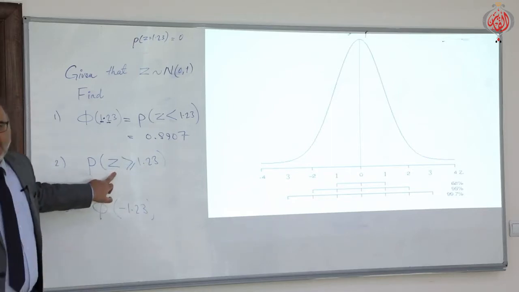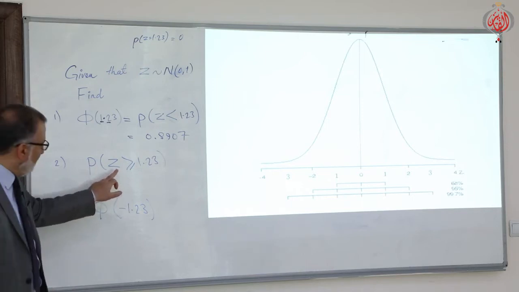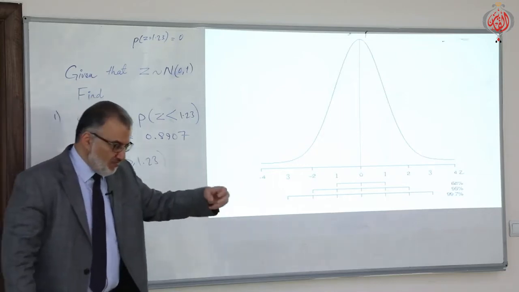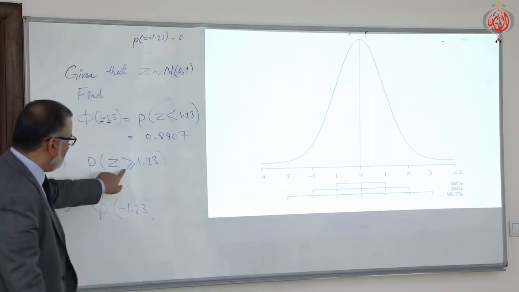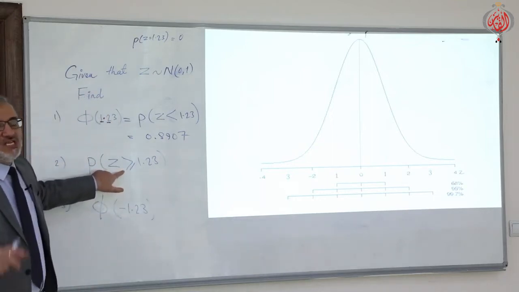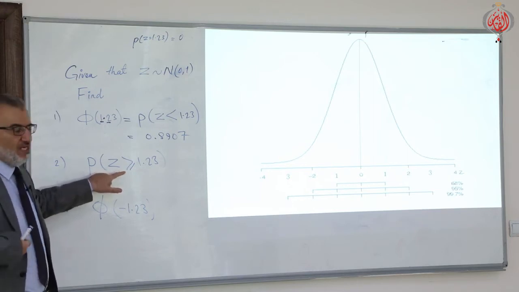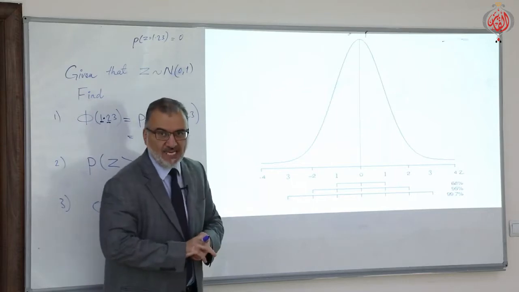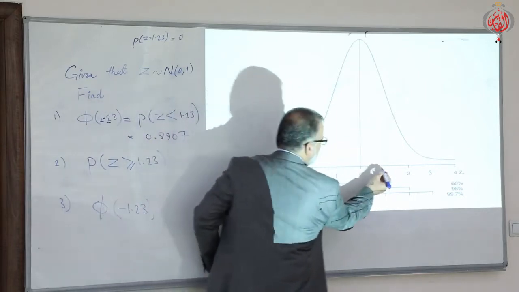Can I get it from the table directly? No, I cannot. Why? Because I have more than. The tables help you find the probability of less than directly, but if it is more than, I cannot. So what to do in this case? Listen to me now, guys, please pay attention. This is again 1.23 here.